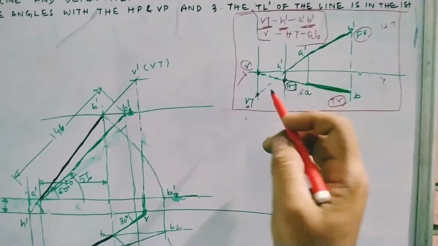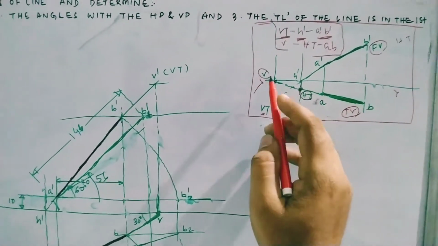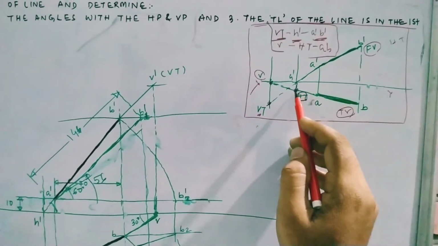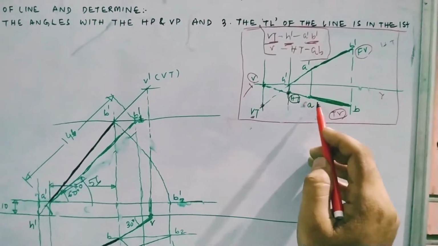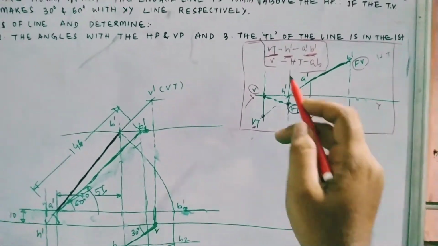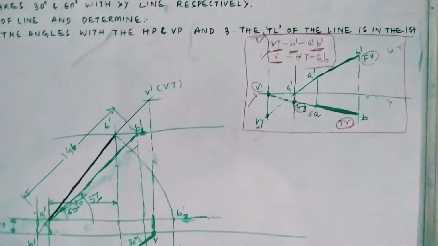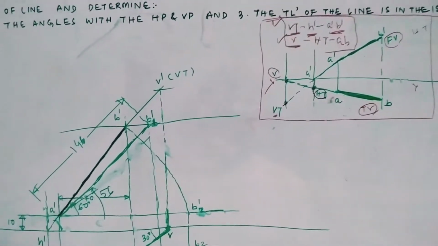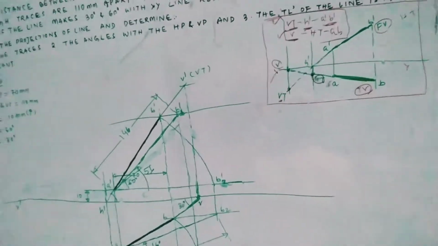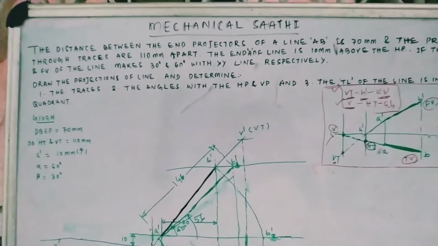Likewise, you can see another thing here: this point B and this horizontal trace and this AB, that is the top view, will remain in a straight line. These are the two important points which we are going to use in the given problem. Okay, so next, moving towards the problem.